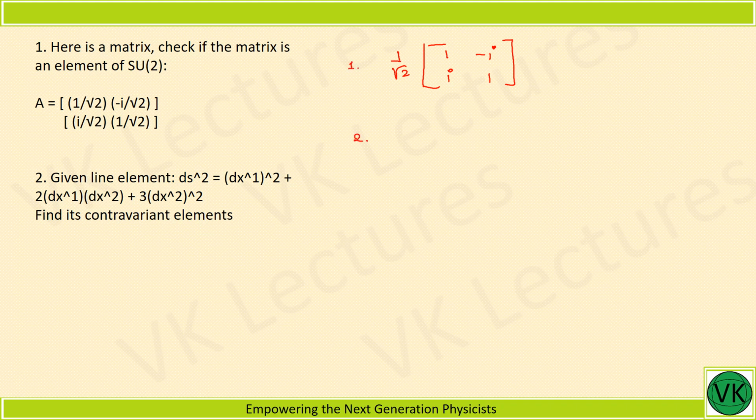For question 2, we have the element ds² given by dx1 whole square plus 2 dx1 dx2 plus 3 dx2 squared. Here also the question is to find the contravariant metric tensor Gij. Please find the answer.